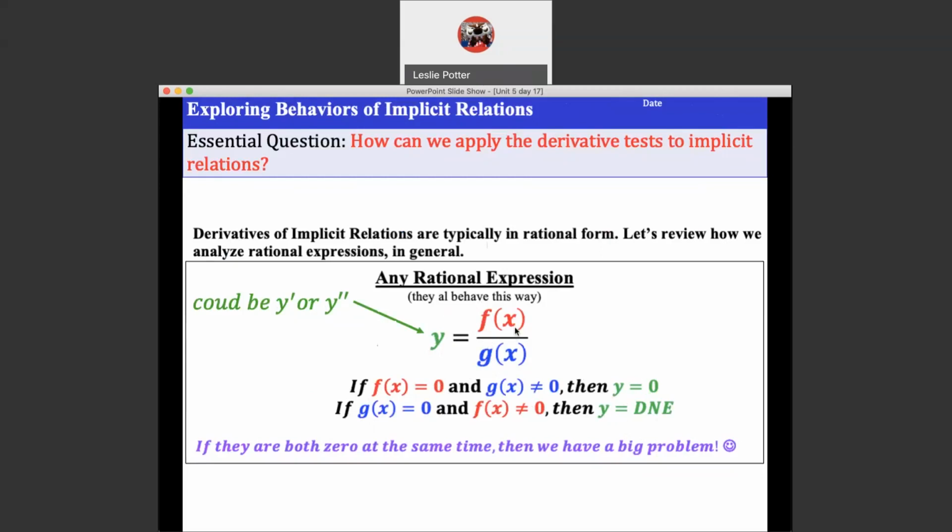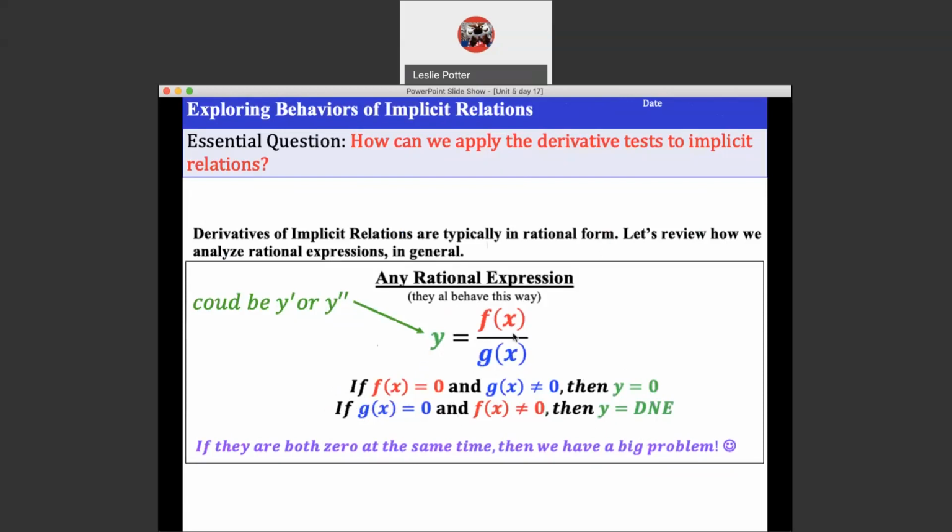So 0 over any number, we get 0, any number over 0, and we get infinite or do not exist values. And so these two scenarios are going to help us find horizontal tangent lines with this top one, and vertical tangent lines with this bottom one.